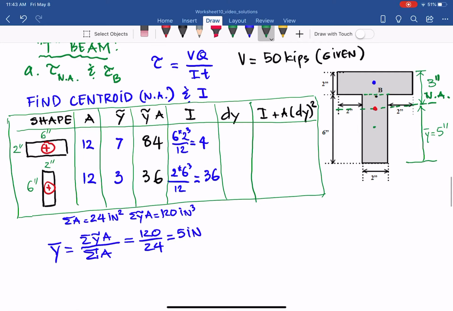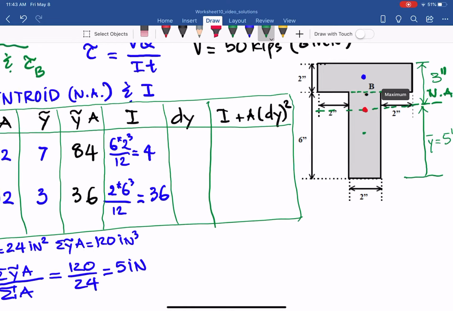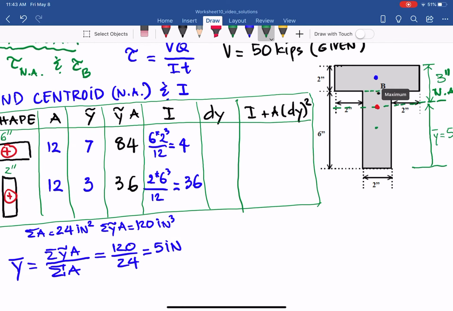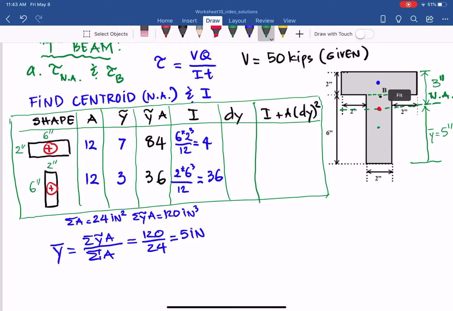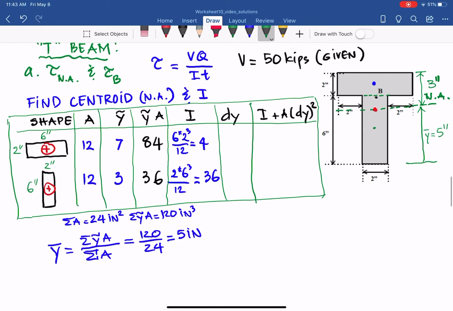So the distance from the red dot to the blue dot, that is dy for the first shape, from the neutral axis to the centroid of that standard shape, will be equal to 2 inches.